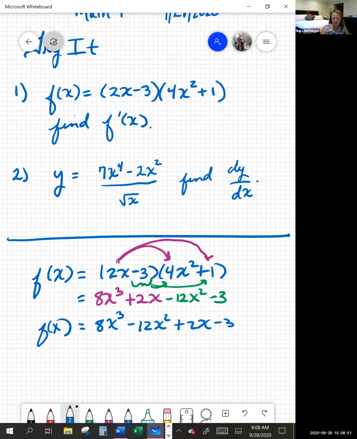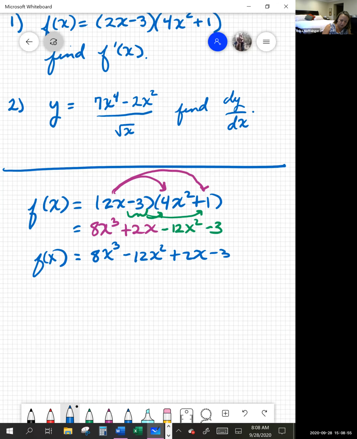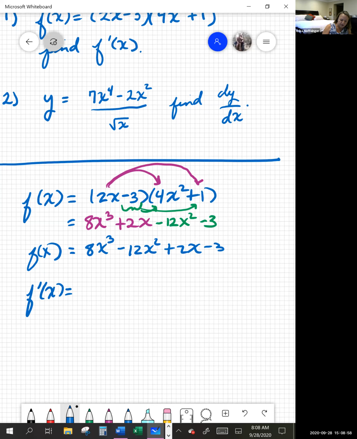So now we can take the derivative and use the general power rule. So the general power rule said we're going to take our coefficient in front and multiply it by the power. We're going to bring the power down. So bringing our power down, we have 3 all times x, and then we're going to subtract 1 from our power. Minus, and then keep our 12 there, times our exponent, which is 2, and then x, and subtract 1 from our exponent.